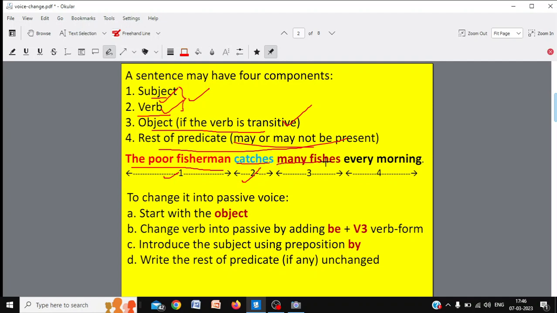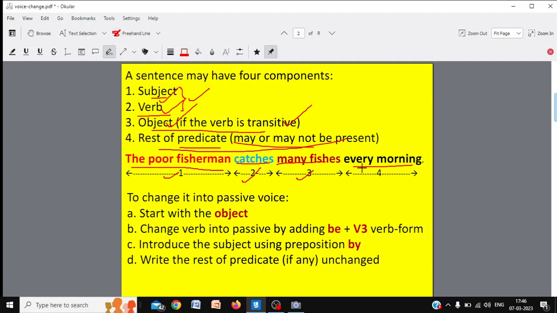Many fishes, object, that is number 3, and the rest of the predicate, number 4, every morning. So we have the poor fisherman, 1, subject; catches, 2, verb; many fishes, object, 3; and every morning, the rest of the predicate, 4.